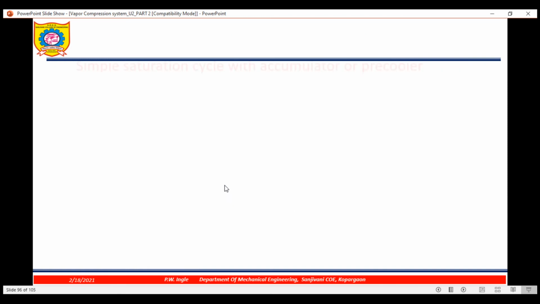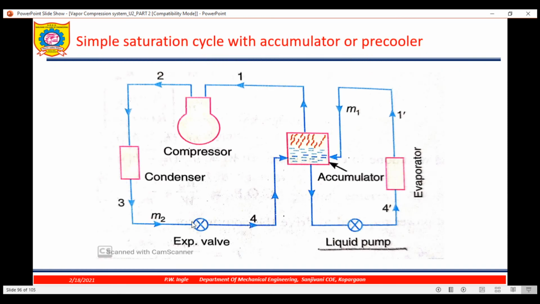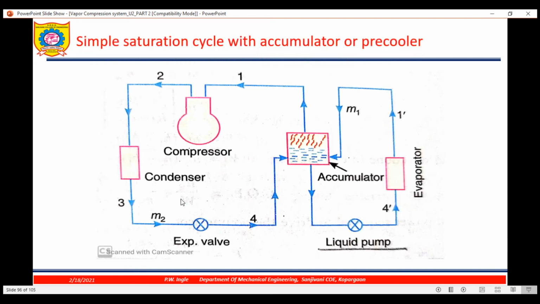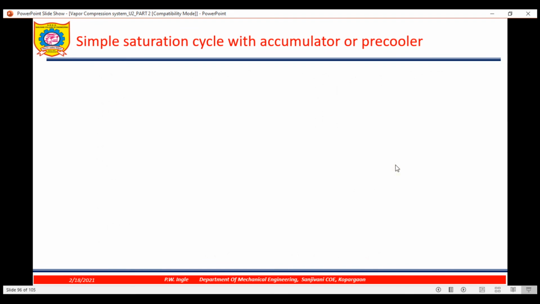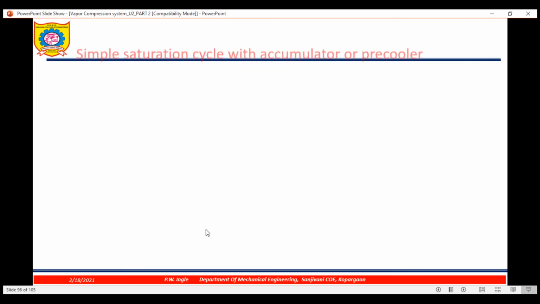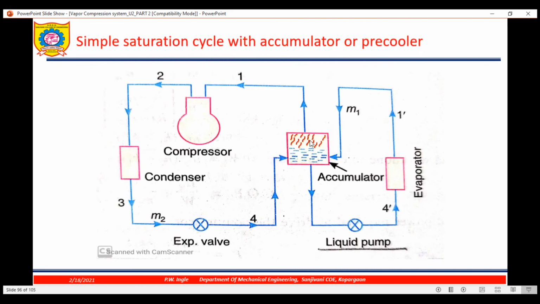Here you see it receives liquid and vapor from the expansion valve, and supplies the liquid refrigerant only to the evaporator. In case of the flash chamber, it supplies liquid refrigerant here to the evaporator. The discharge from the evaporator is sent again to the accumulator, which helps to keep the liquid from entering the compressor.